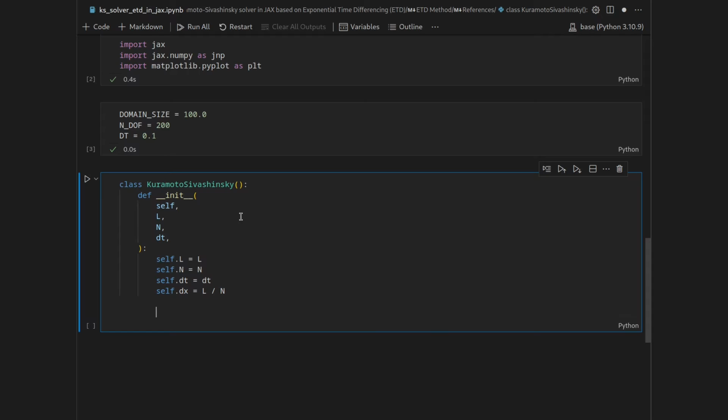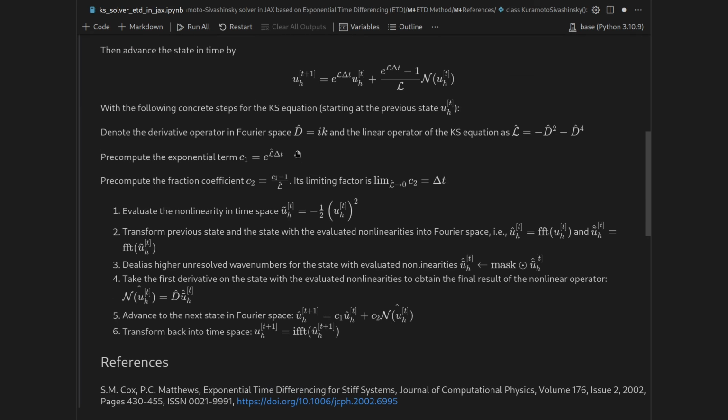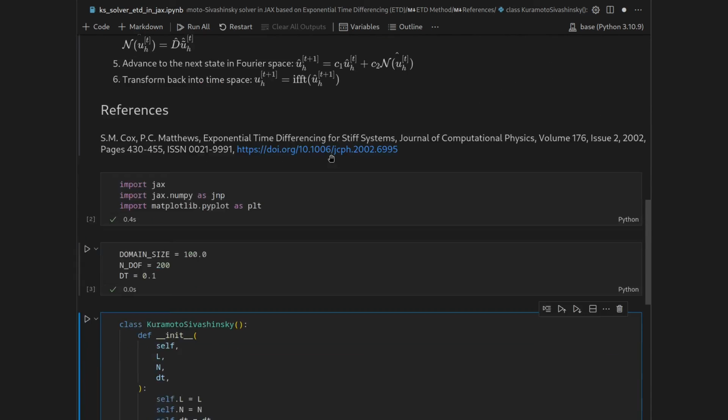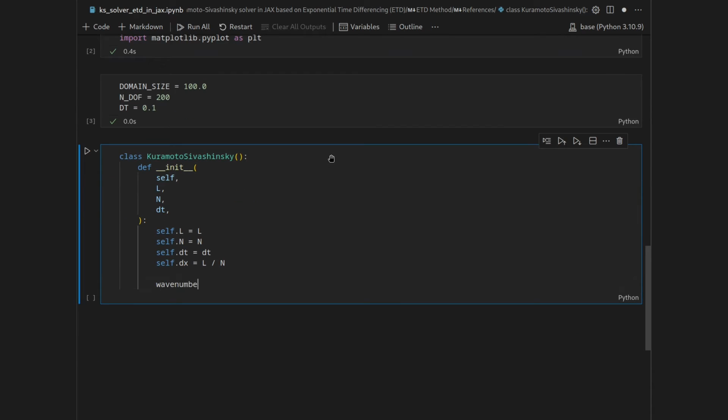Then let's try to compute these values here, and it's easiest to start with the wave numbers K. So let's get our wave numbers. And since later on we want to use the real valued Fourier transformation, we also only need the real valued wave numbers, or the wave numbers associated with real values in time domain.